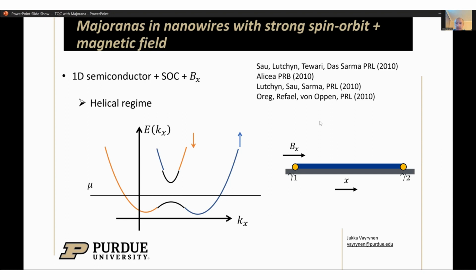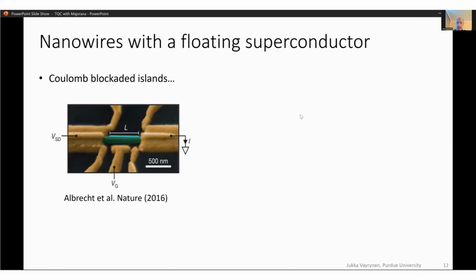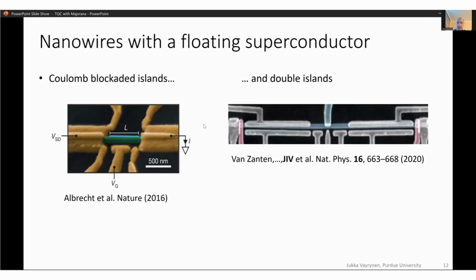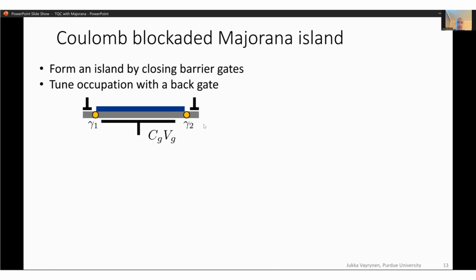Yeah, and the next ingredient that we actually need for qubits is the so-called Coulomb blockade phenomenon, and I will define that in a moment. So basically, it's shown here.